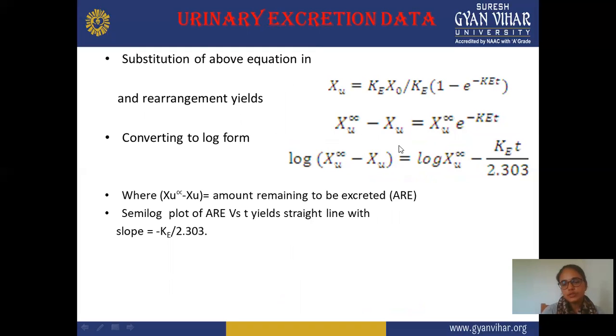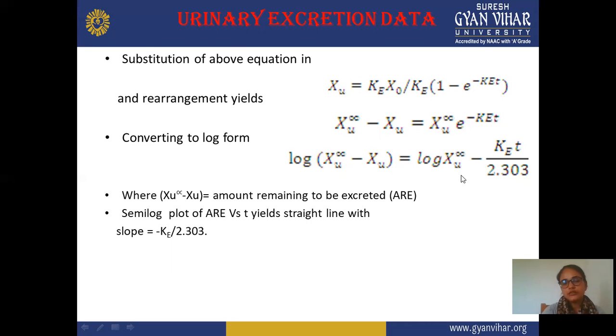When we rearrange, we get X infinity u minus Xu equals X infinity u e^(-ket). Applying log gives log (X infinity u minus Xu) equals log X infinity u minus ket/2.303.